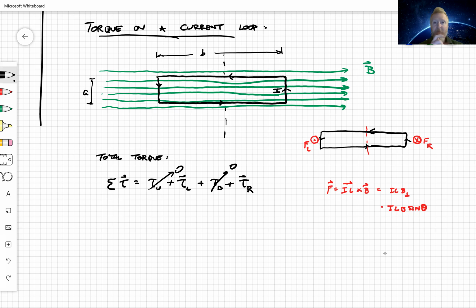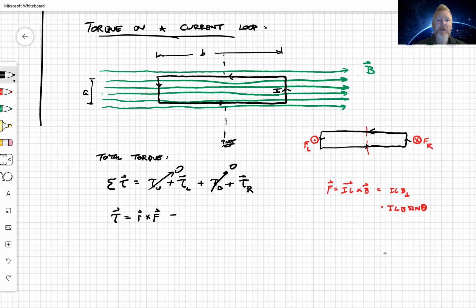We go from the pivot to where the force is acting, just as you learned in 4A, R cross F, and that's the torque. My pivot is this dashed line here. So we go from the halfway point out to the force on the right, which is pushing into the page. Therefore the torque is up, causing the spin to be counterclockwise. If I was looking from above, it would be a counterclockwise spin.